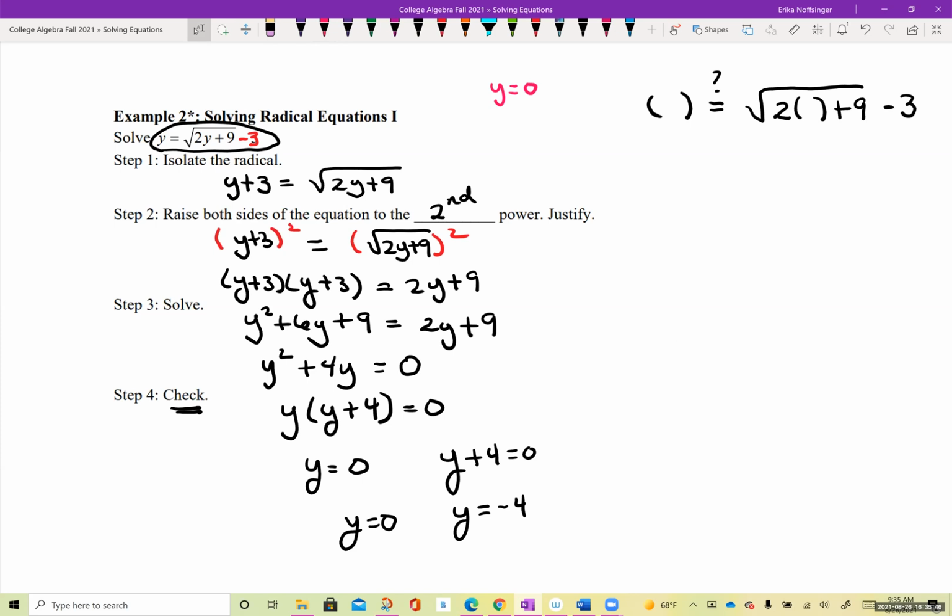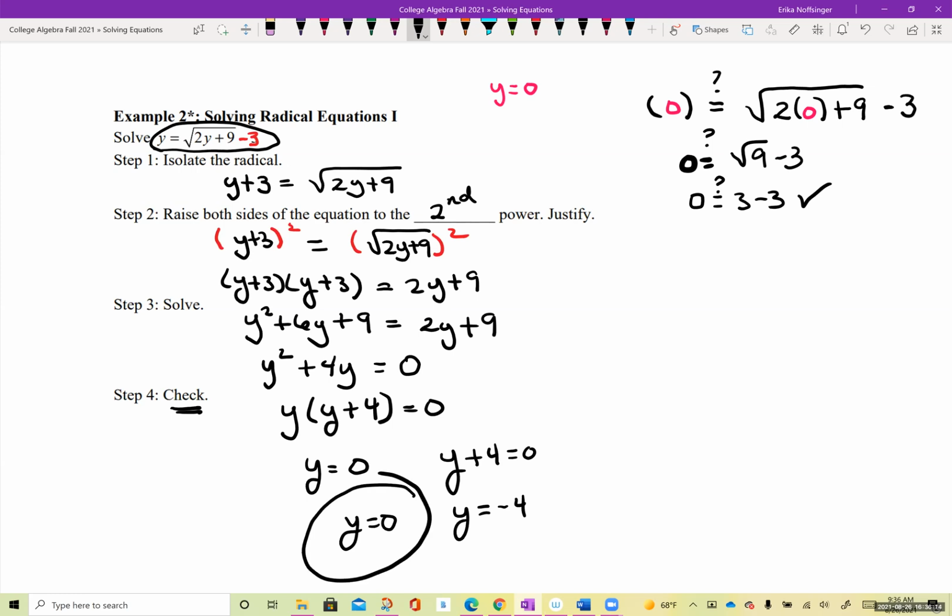So we get 0. Is this equal to the square root of 2 times 0 is 0 plus 9. So the square root of 9 minus 3. So 0 is equal to 3 minus 3. Is that true? And yes, that's true. So 0 is the solution.